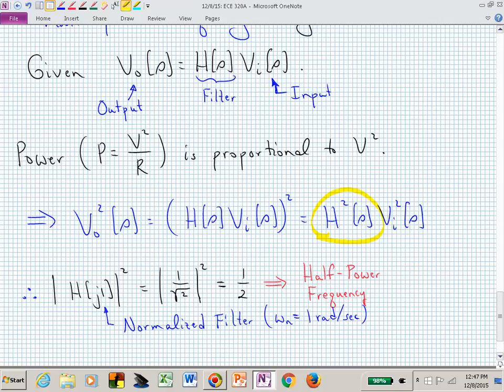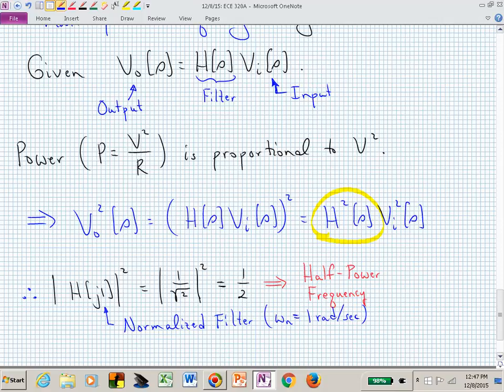If we look at the magnitude squared of the transfer function at the break frequency, then we have 1 over the square root of 2 squared, or 1/2. We've cut the power in half from the input to the output, because V sub I squared is getting scaled by 1/2 to produce V sub 0 squared.